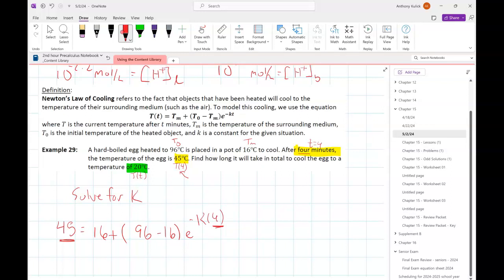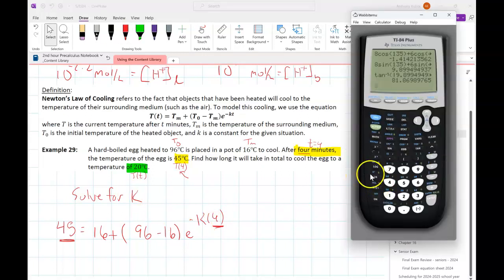That's going to allow me to solve for K, because now I have everything but K, since I have a time and a temperature. So if I wanted to do this on my calculator, I can just type this in as it looks on my sheet of paper here. My virtual sheet of paper anyways.